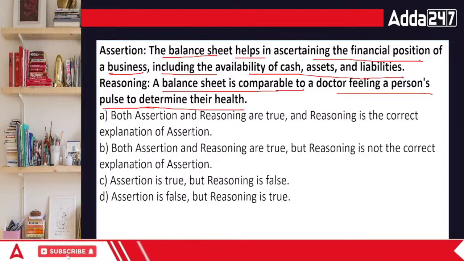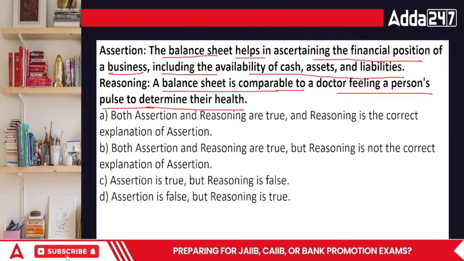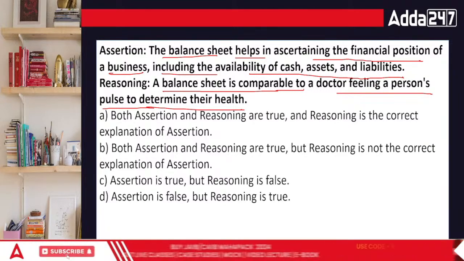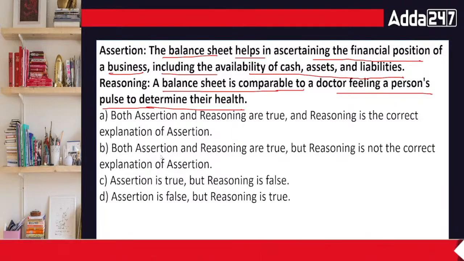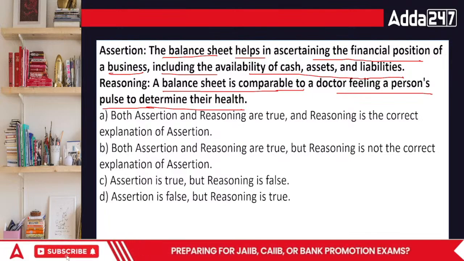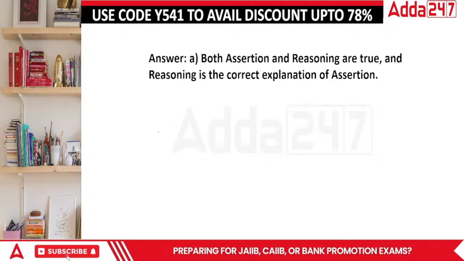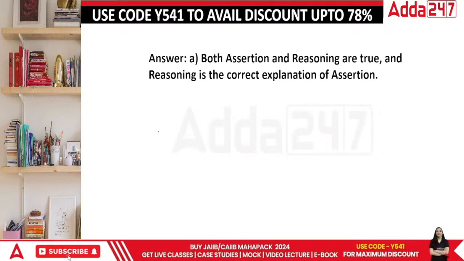Is it really worthy of that specific amount of money or not? So financial statements will determine your financial health. So this is actually true and it is the correct explanation of A as well.